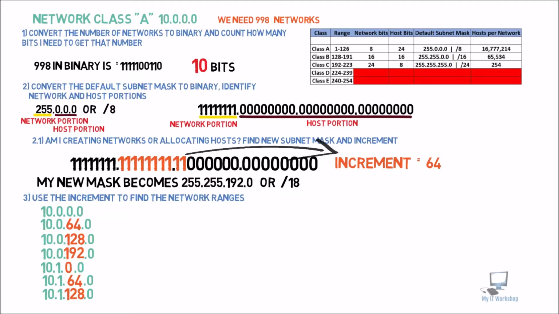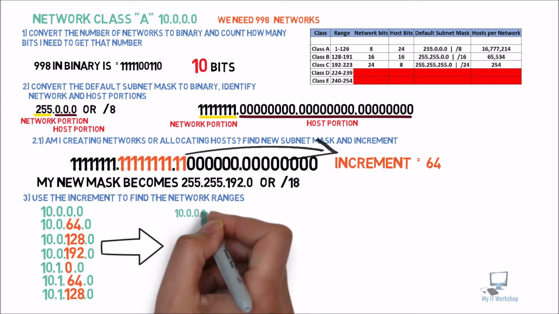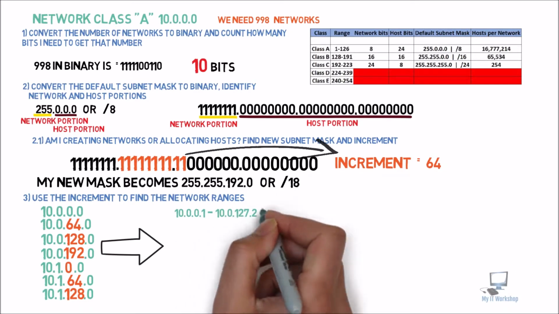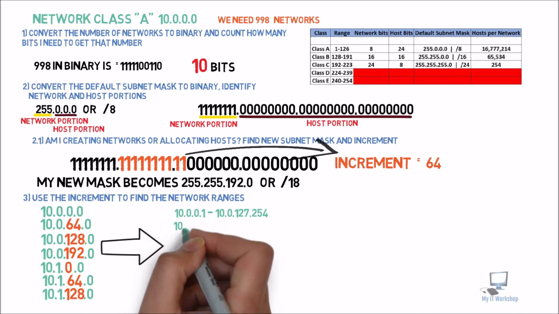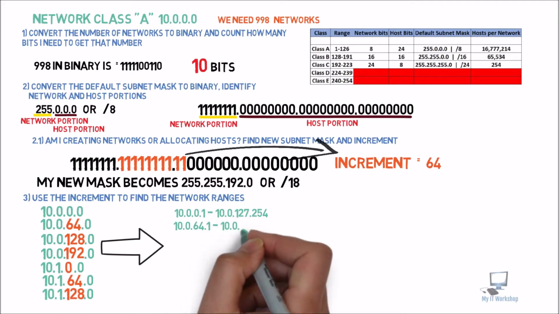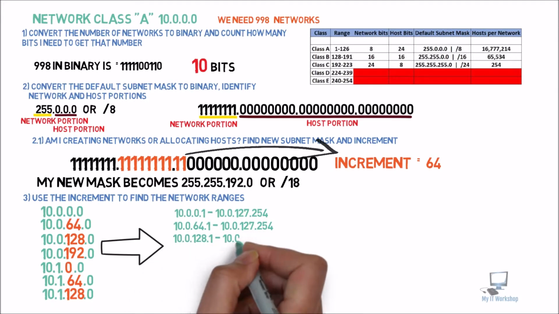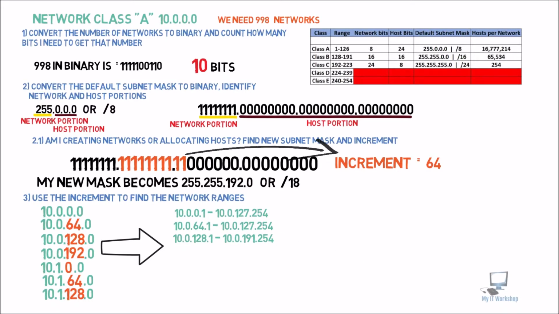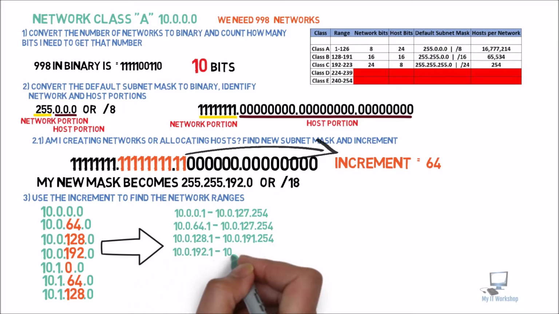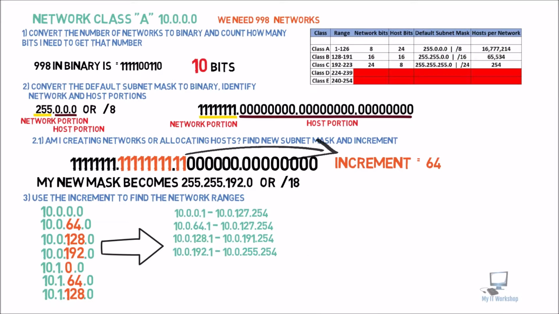So we have our network IDs on the left side, and now we're going to find our usable IP addresses. The first one is going to be from 0.1 to 63.254. The next one from 64.1 to 127.254. And we continue filling all our ranges.